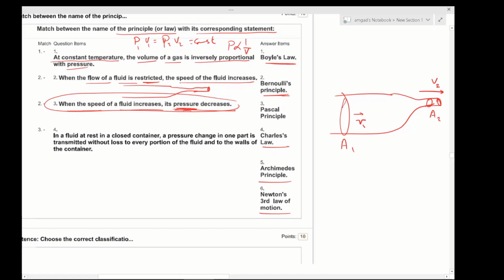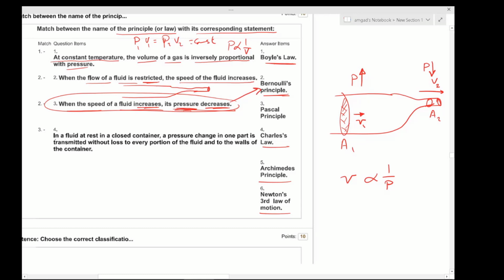What about the pressure? Do you remember? The pressure here is high, while the pressure on the other side is low. So the lower the speed, the higher the pressure. The speed and pressure are inversely proportional. So here he says the speed increases and the pressure decreases. So that's also Bernoulli.